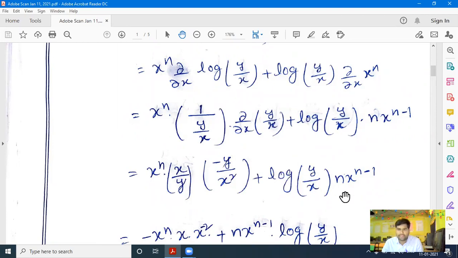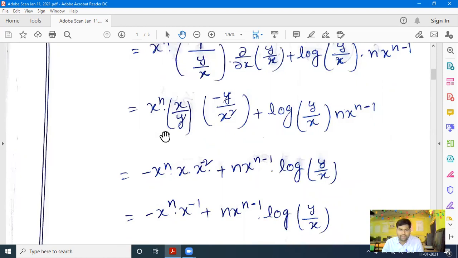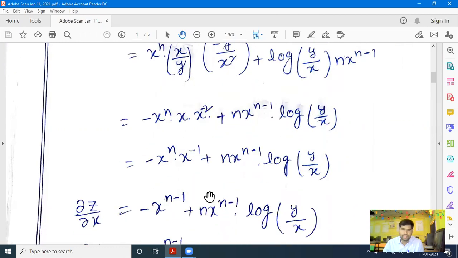Log of y by x into n into x to the power of n minus 1. So here y will get cancelled. So minus x to the power of n into this x, and again this denominator x square. Okay, it is 1 by x square is there, so you can write this one in the numerator. That will be x to the power of minus 2, plus n into x to the power of n minus 1 into log of y by x.